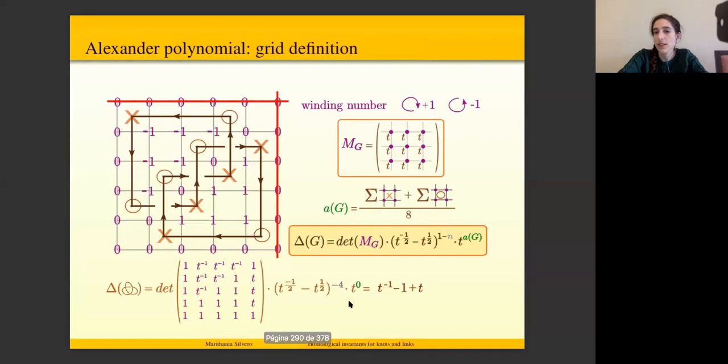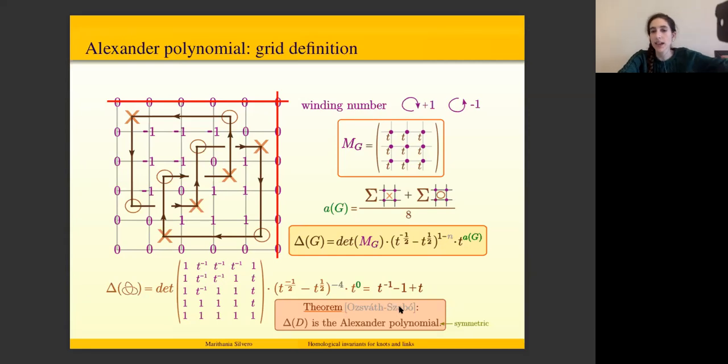And if you do this, you get this polynomial, and this is the Alexander polynomial in the symmetrized version. This is a link invariant, and Ozsváth and Szabó proved that this Alexander polynomial in the symmetrized version, you don't need to symmetrize it, okay? So we get the same as before, of course, because it's the Alexander polynomial that we computed before. It sounds like magic, but it's not magic, okay?